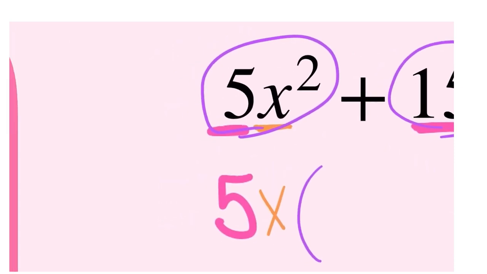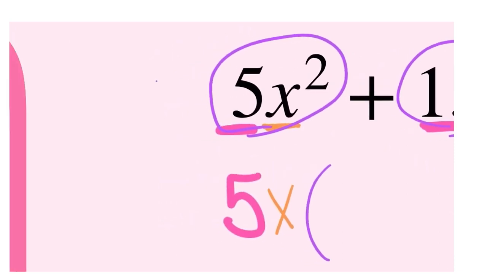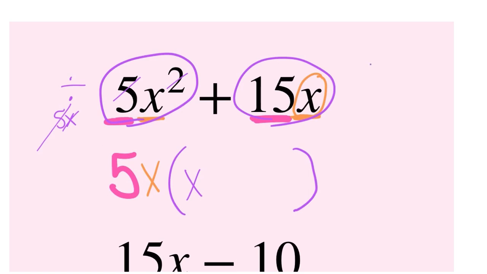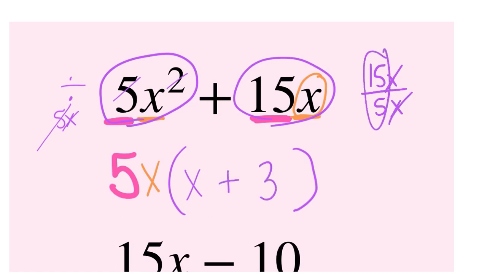If I divide 5x squared by 5x, well, the 5's are going to cancel. One of the x's is going to cancel, and I would just have one x left over. If I divide 15x by 5x, well, the x's will cancel, and 15 divided by 5 is 3. So this would become a positive 3. And then this would be our answer right here.